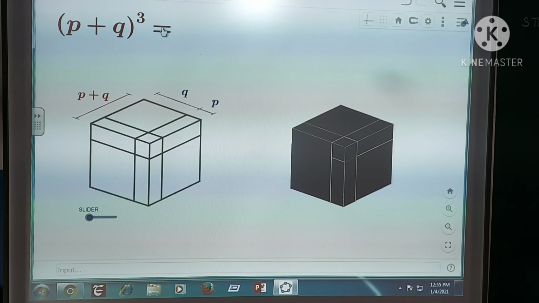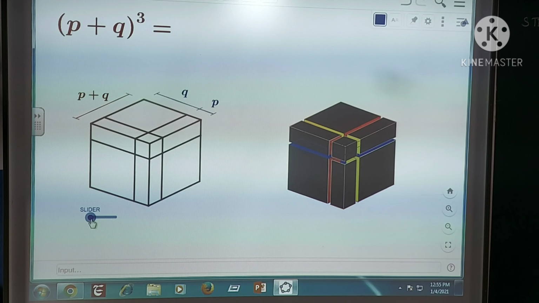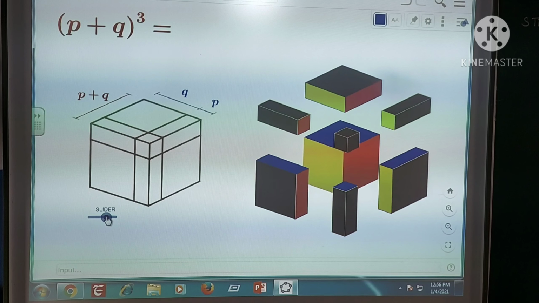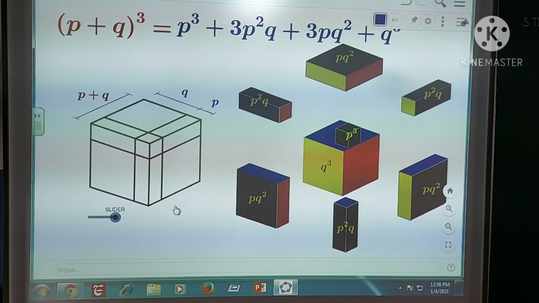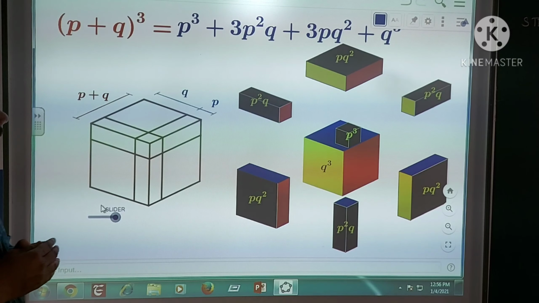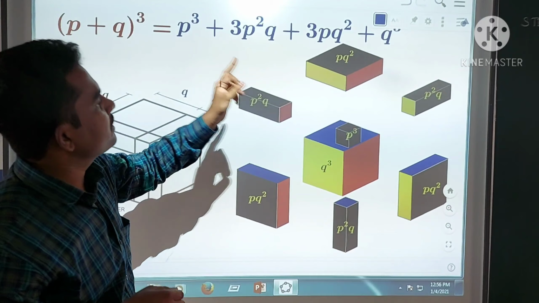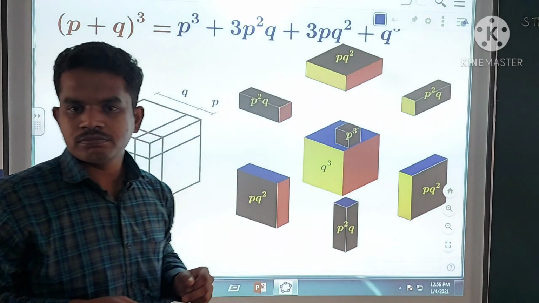I just drag the slider first in a single way. So you should see the formula first: p cube plus 3p square q plus 3pq square plus q cube.